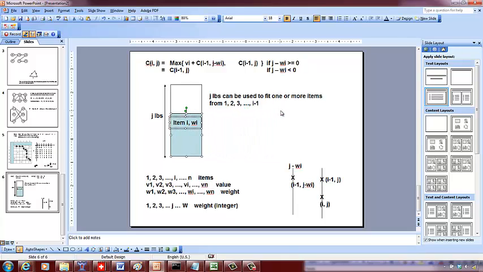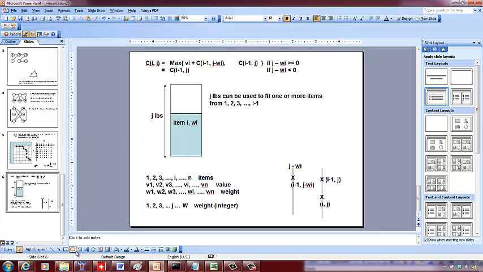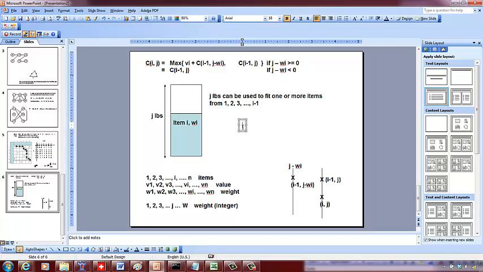The minimum requirement to put item i is that Wi has to be less than or equal to j.